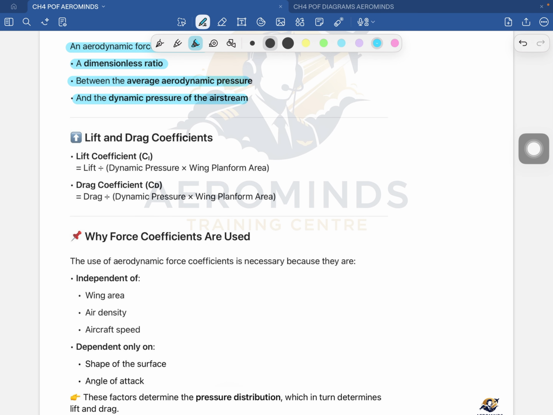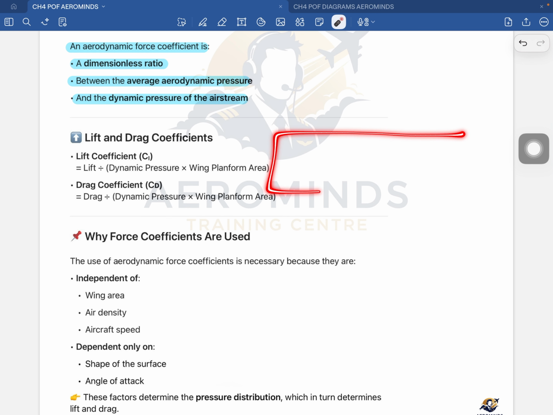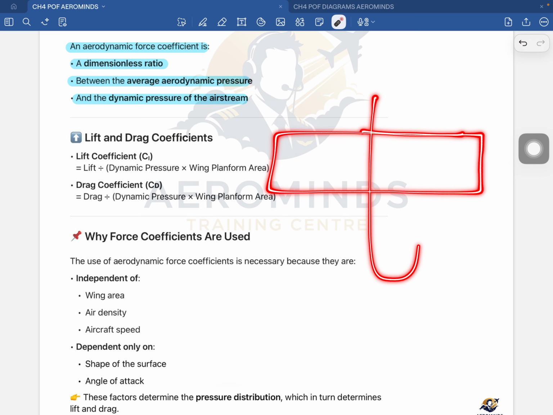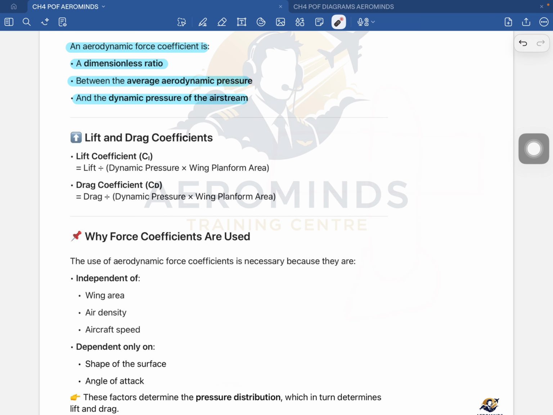So the lift coefficient, which is CL, is equal to lift divided by the dynamic pressure multiplied by wing planform area. Okay, and the wing planform area basically means the area of the wing which is seen from above, like this. This is your fuselage, like this. Okay, then comes the drag coefficient, which is CD.